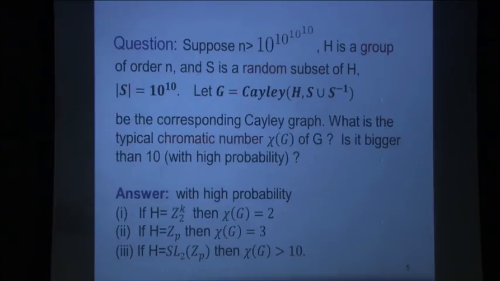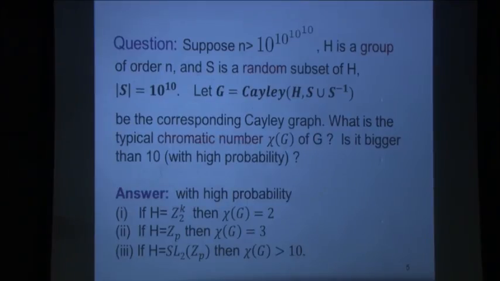If a group H is an elementary abelian 2 group, so just binary vectors of length k with respect to addition modulo 2 in each coordinate, then with high probability the chromatic number is exactly 2. Now if the group is a cyclic group of prime order, so Z_p, and again p is big, so the parameters are what we said before, then with high probability the chromatic number is exactly 3.